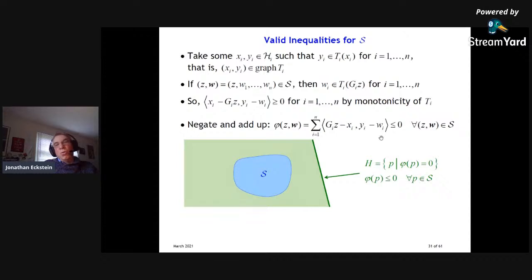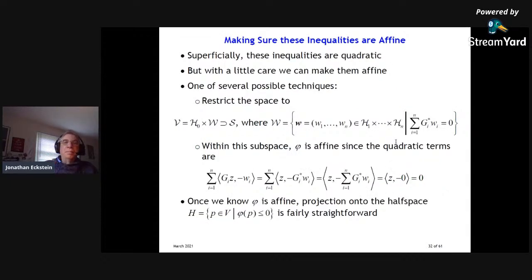And so this actually gives you a half space that contains this set. Now you may ask, how do you know it's a half space? Because it's a quadratic function, with cross terms between the z's and w's. That looks like it might be a little annoying, but with a little care you can make them affine. There are various techniques, but suppose we restrict all our calculations to the subspace where this set of linear equations is true.